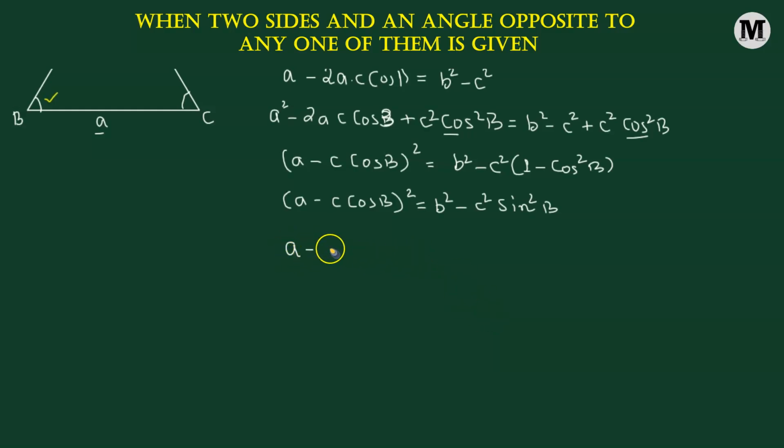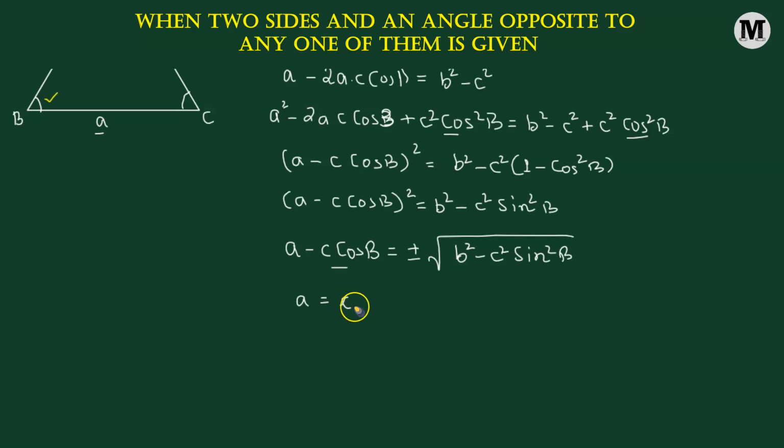So taking the square roots, we get a minus c times cosine of angle B equals plus or minus the square root of b squared minus c squared sine squared B. Now we're going to transpose negative c cosine B to the right hand side, which gives us a.